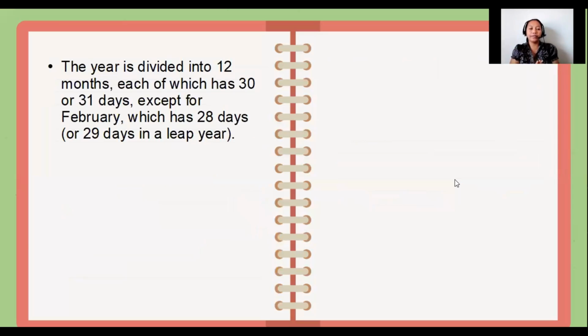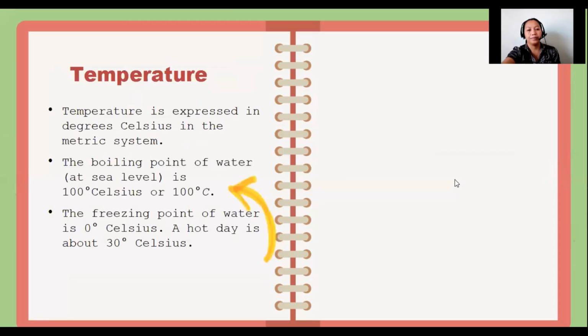Okay, so the year is divided into 12 months, each of which has 30 or 31 days, except for February, which has 28 days or 29 days in a leap year. So next, for the temperature, temperature is expressed in degrees Celsius in the metric system.